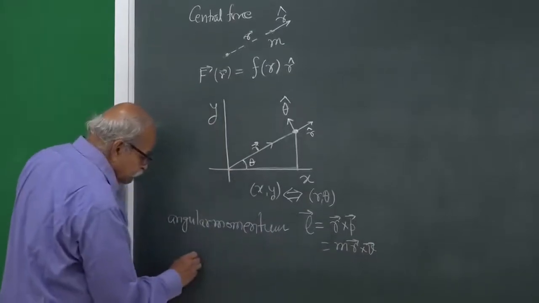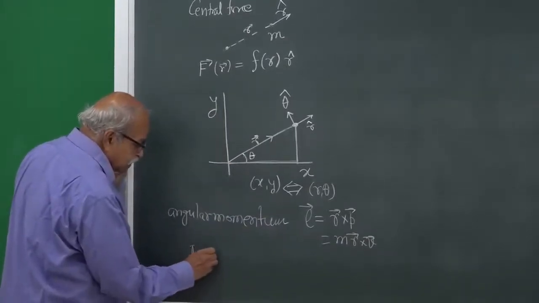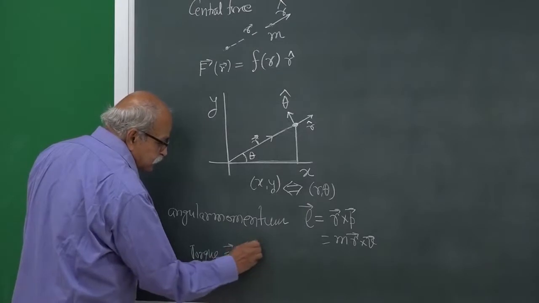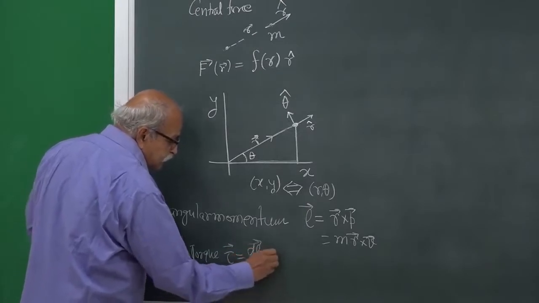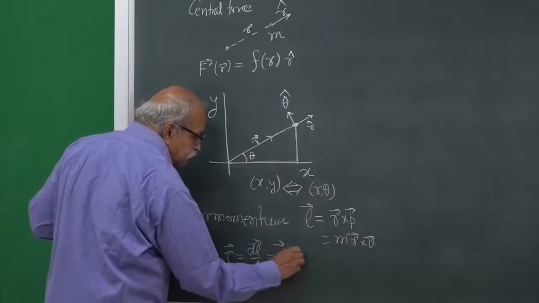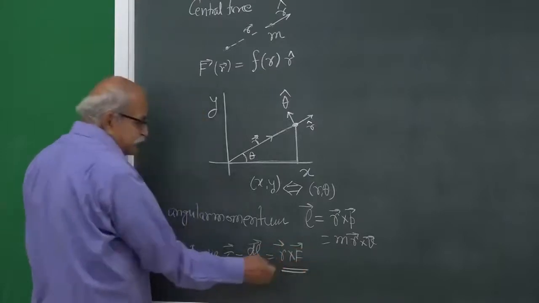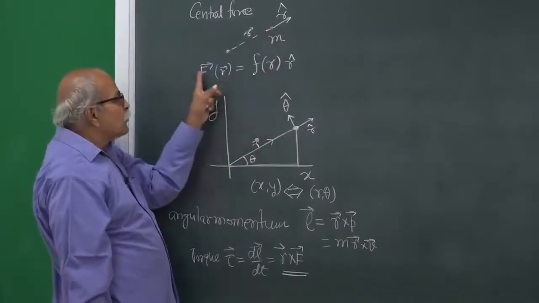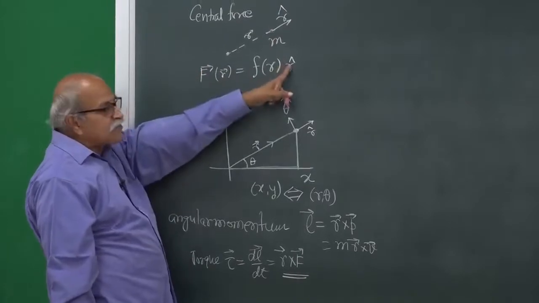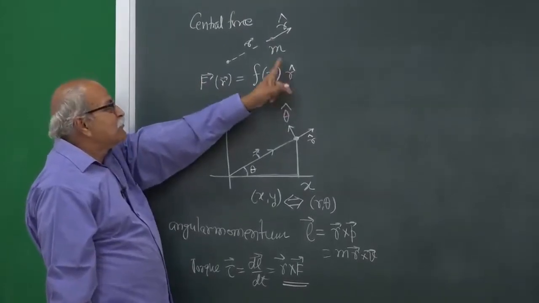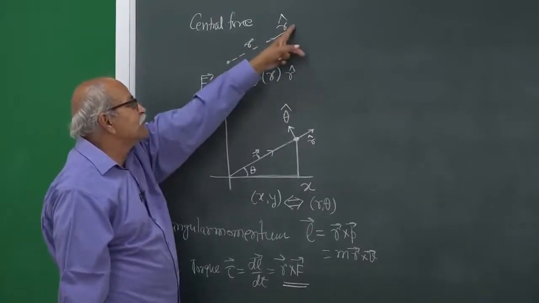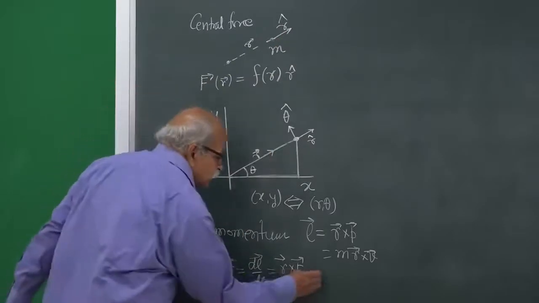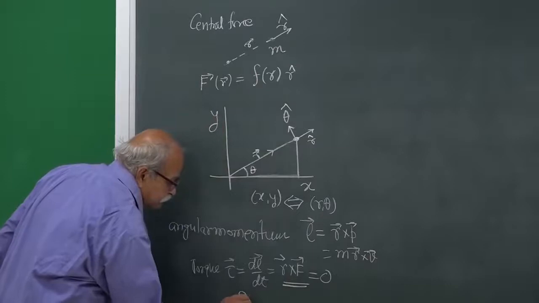And the torque tau, which is dL/dt of course, is r cross F. Now, here is the crucial point, r cross F. This is vector r, and the force is also along that direction, r cap. The force is either towards the center or away from the center, but it is on the same line, and therefore r cross F is 0 for a central force.